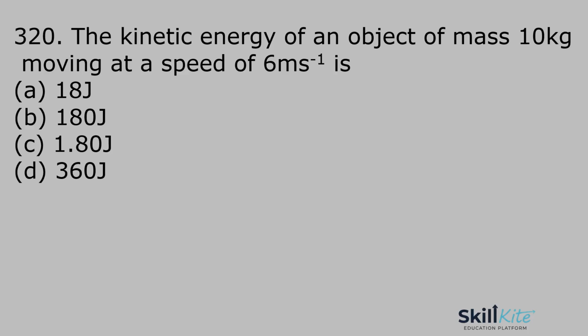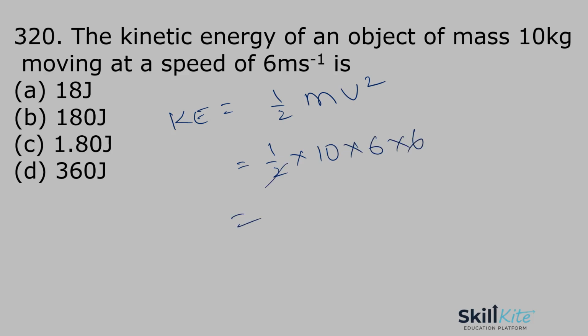So kinetic energy formula ఏంటి? Half mv square కదా. So half into mass అంతా 10 into 6 into 6. Okay, so it is around 180 joules. Okay, so option B. Okay, option B is the right answer.